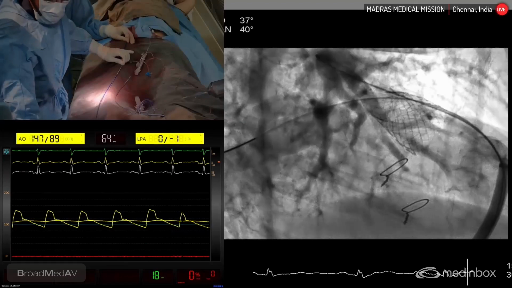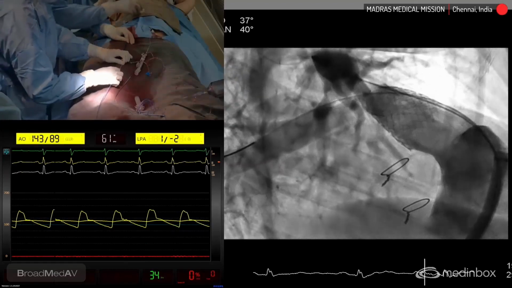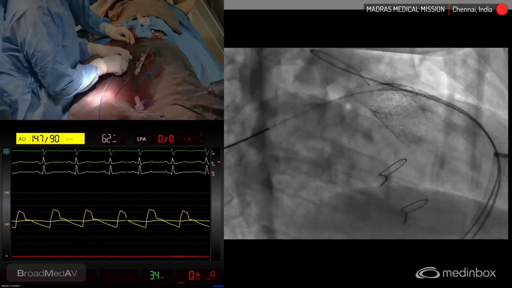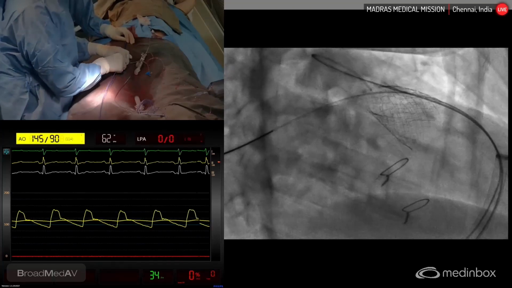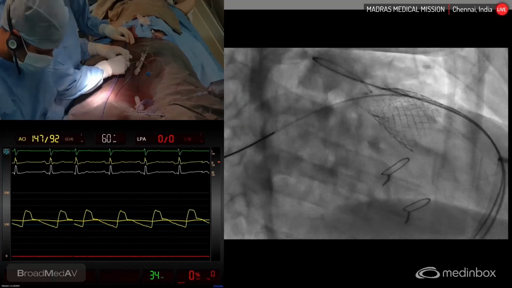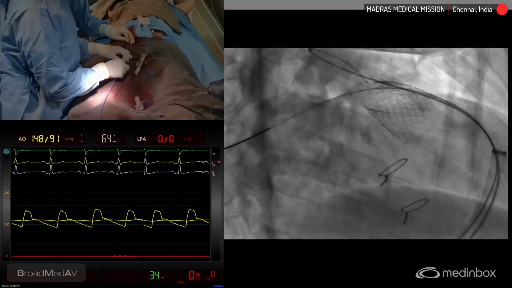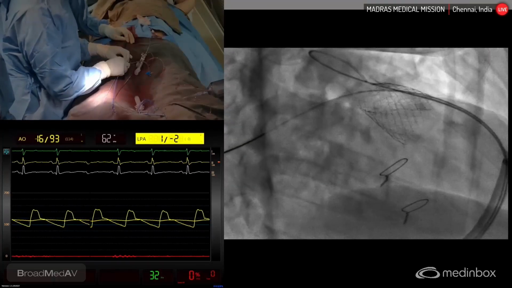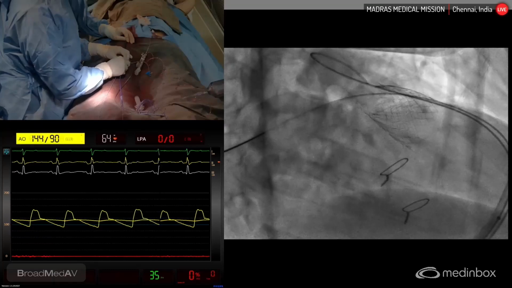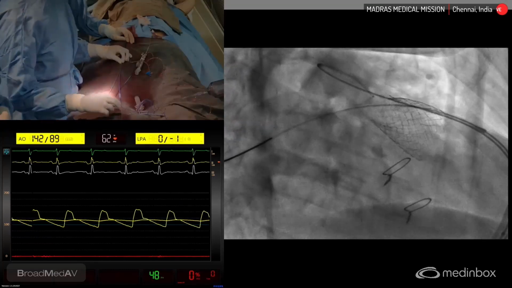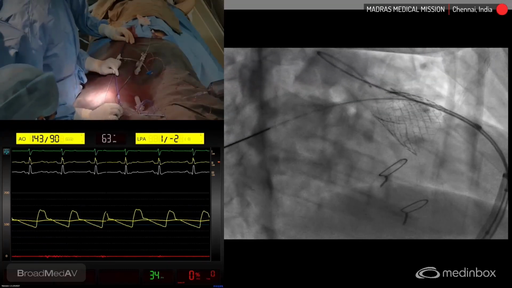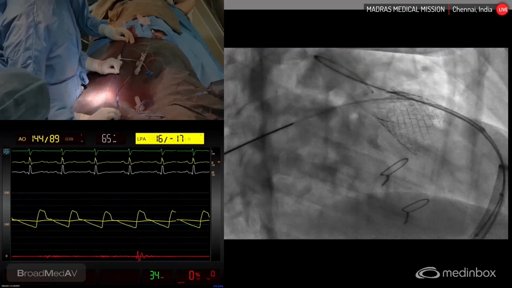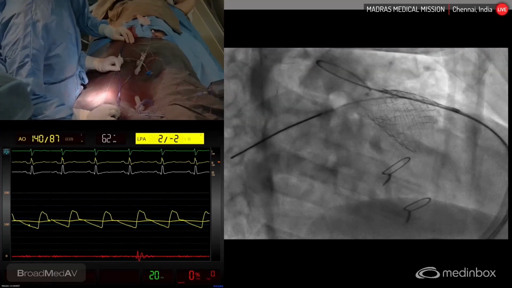You hold both the wires. Yeah. So now I am advancing. To this be prepared. Which balloon need to be prepared? Atlas Gold. One more balloon. Leave the wire.